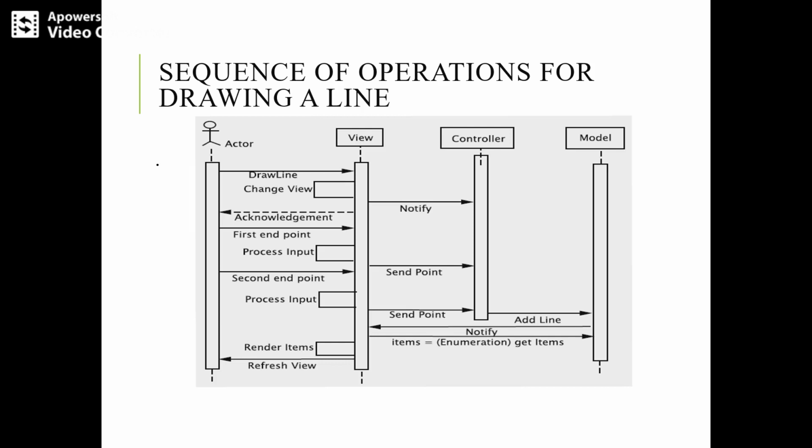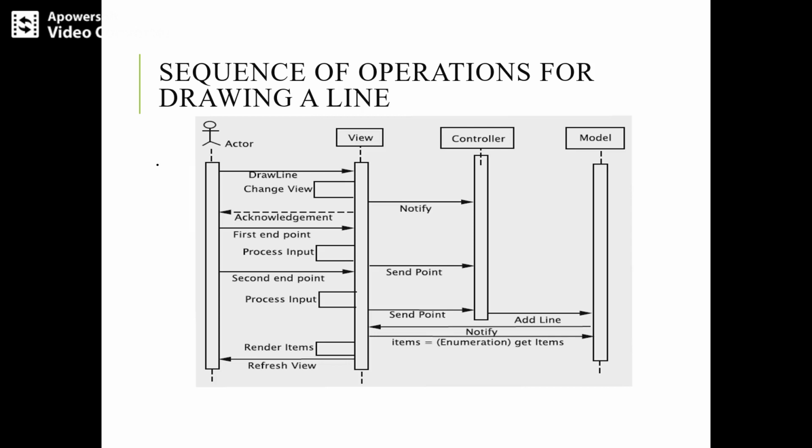First of all, we see the actor, followed by three classes here: view, controller and model. This shows the request and response between the actor and the respective systems. First of all, we need to draw a line.